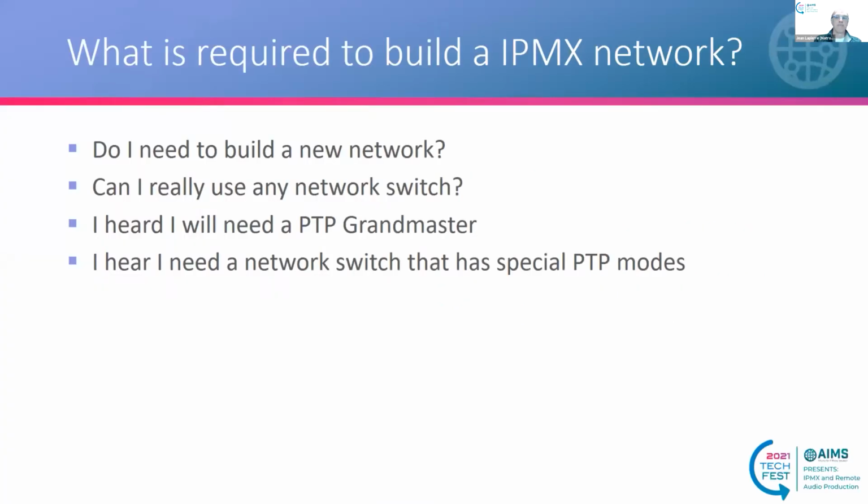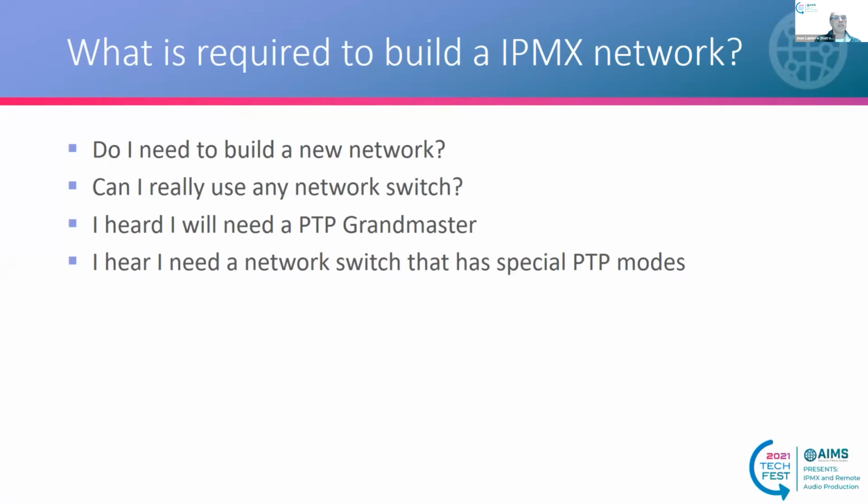Today's presentation will try to answer some of these questions. These are typical questions I hear all the time when talking about IPMX with folks, at least those that relate to IPMX and the networking equipment required to do AV over IP using IPMX. So things like, do I need to build a new network, or can I really use any network switch for doing AV over IP with IPMX?